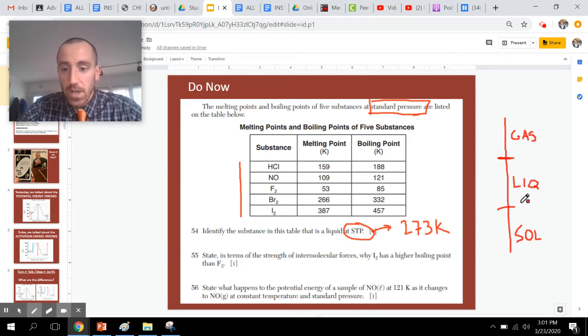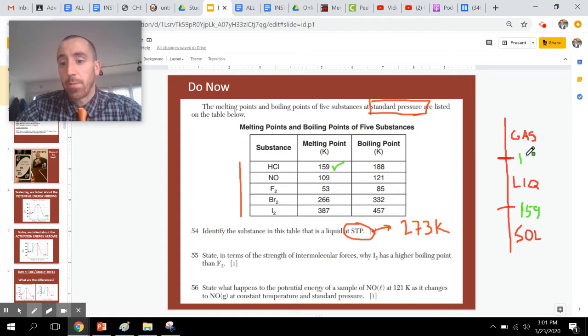HCl. So HCl melts at 159. Sorry, it's going to be really ugly here. So at 159 Kelvin, it's already melted and turned into a liquid, right? And then according to this data table, it boils at 188.